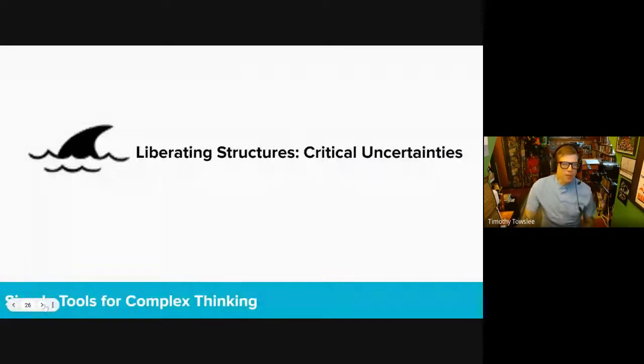One that's maybe a little bit more complex, but still relatively simple, is the critical uncertainties. This is really from a blog called Liberating Structures, but it looks at things that we don't know.